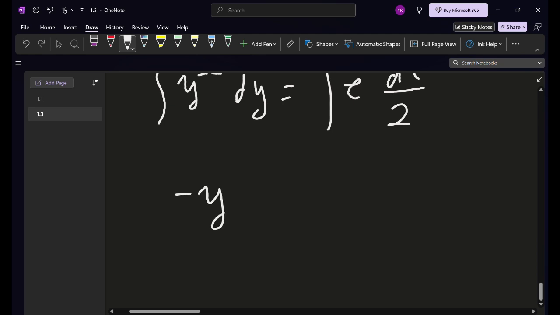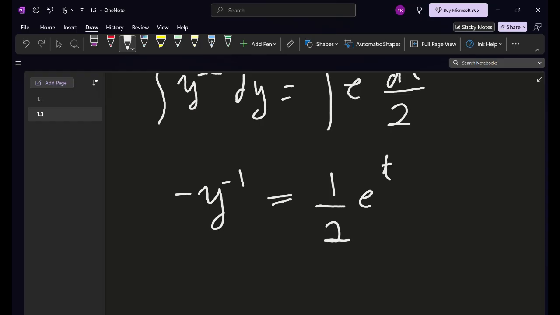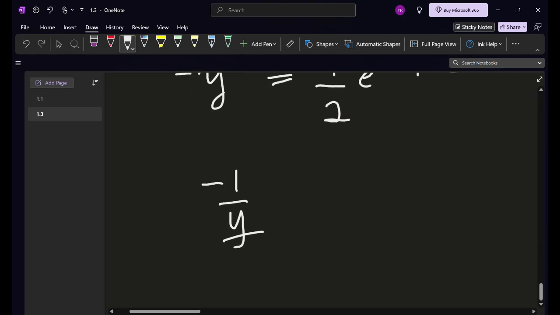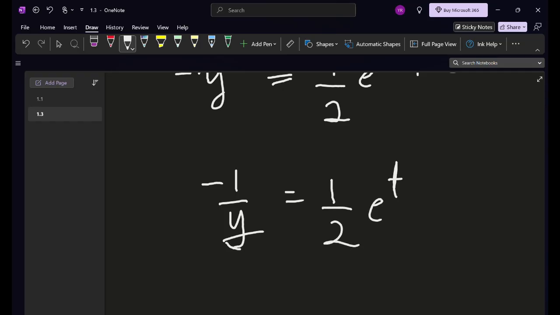So this is gonna end up as y to the power minus 1, which is minus 1 by y, is equal to half of e to the power t plus c, do not forget the c, and then this can be written as 1 by y, just putting in the reciprocal, is equal to 1 by 2 e to the power t plus c.